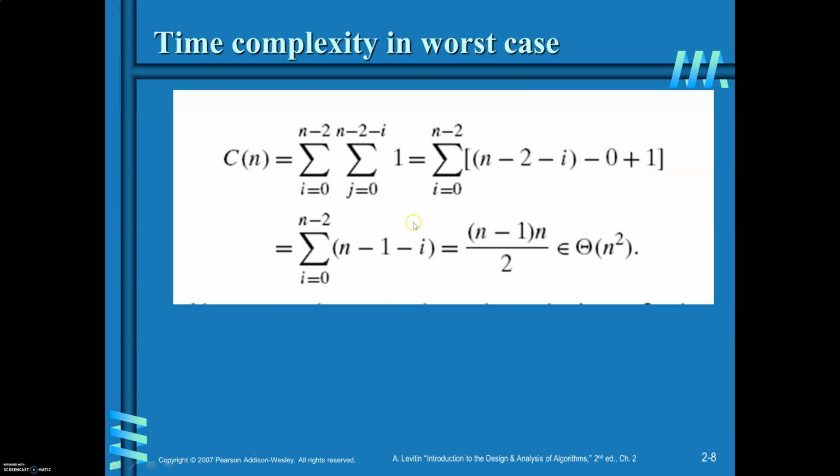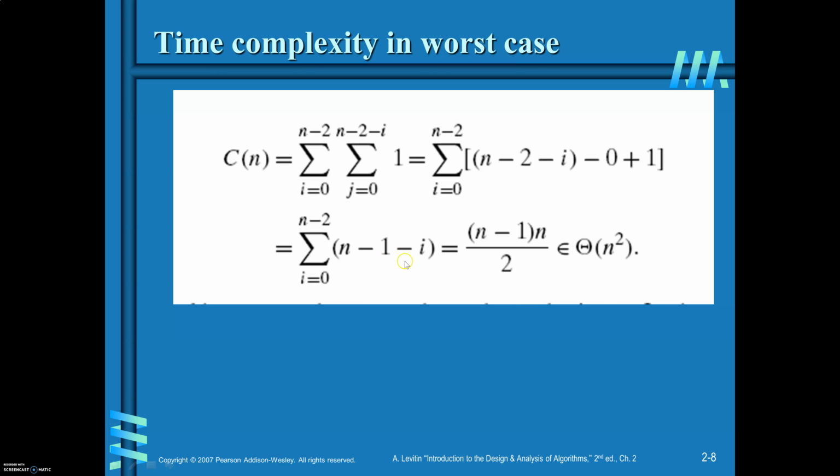So the simplified answer is n minus 1 minus i. Next, here i is taking the values from 0 to n minus 2. Substitute those values here. So this is again n minus 1 plus n minus 2 plus n minus 3, and so on.